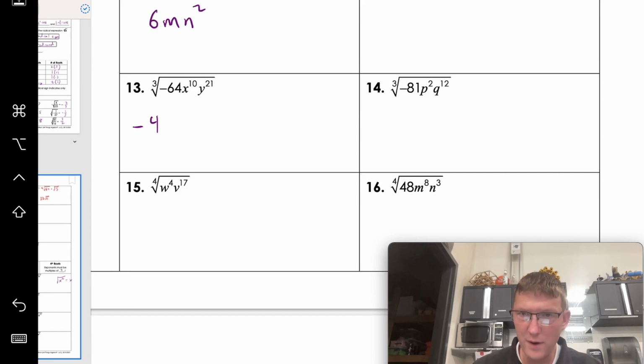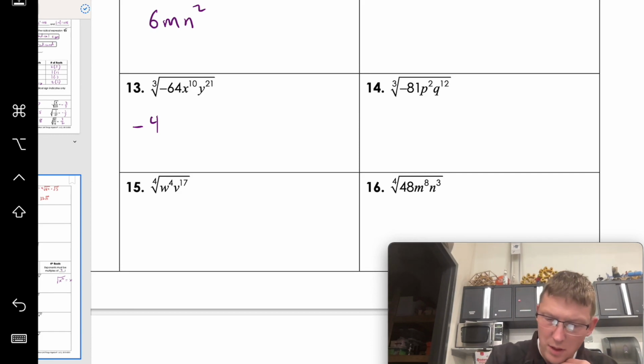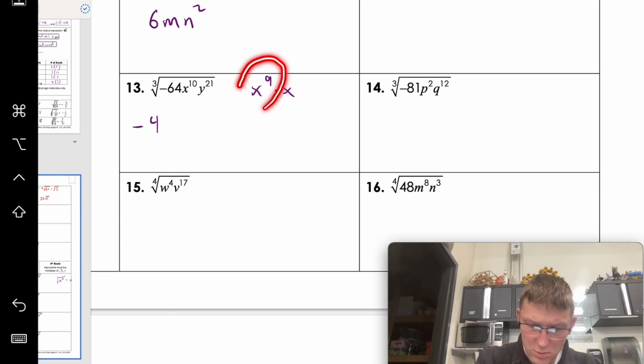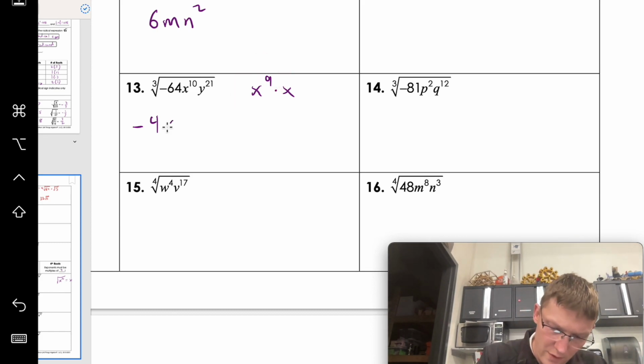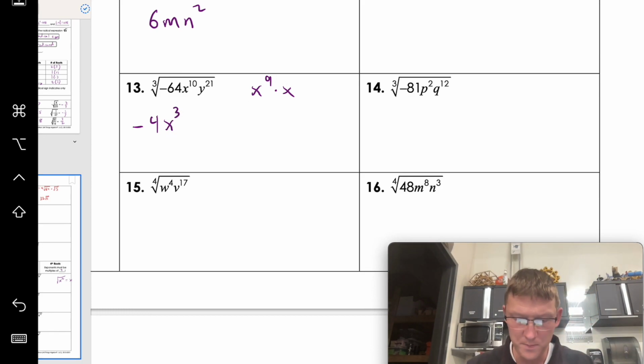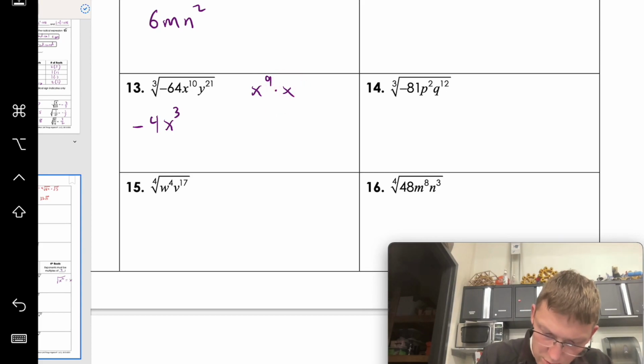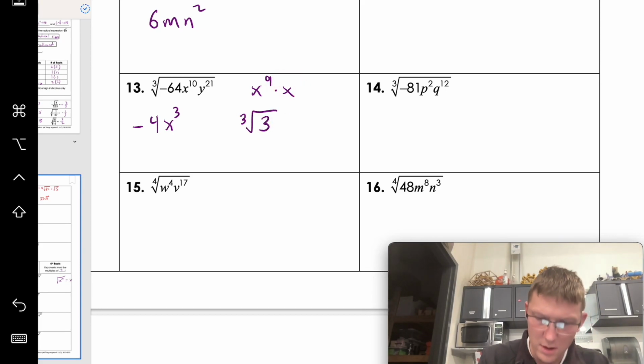Okay, so now let's deal with these variables. If I look at my x to the power of 10, I can divide that into x to the 9th times x. You know the power rules, that these would just get added together, so that's the same as saying x to the 10th. Well, if I rewrite it like that, it's a little bit easier to see that when we take the cubed root of this one, we are going to have x cubed left over, and then this x is going to stay in the cubed root, so we're going to write that over here.